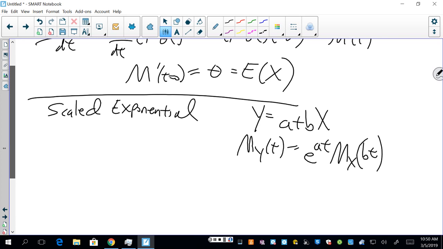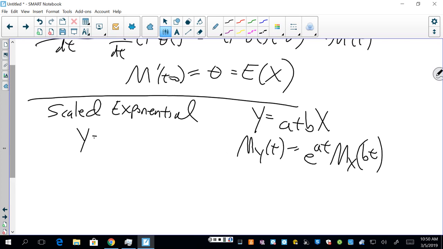So for instance, if you set a equals 0, just to scale it, like going between minutes and seconds or to hours, changing that scale. So let's say we change to 60 times x. This might be going from hours to minutes, the hours that it takes things to happen, and y is now going to be in minutes.